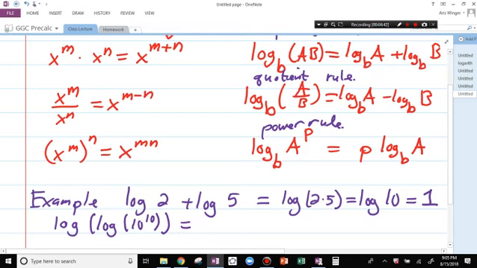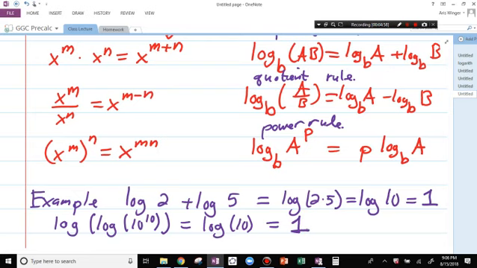That's still 1. That's right. Log of 10 to the 10th is just the log of 10. And the log of 10 is also 1. That's an aside.